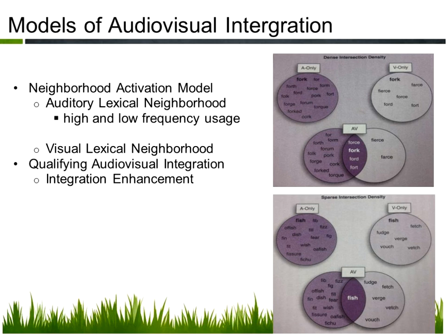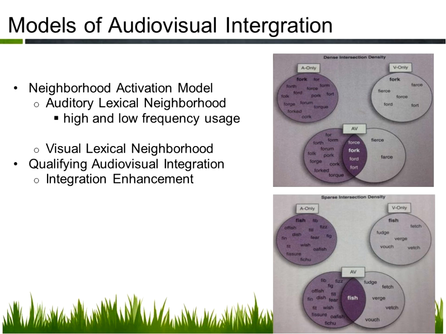So we've done, again, a lot of research that says when we try to put together auditory signals and visual signals and integrate them, we look for the words that belong to both neighborhoods. So here's a dense neighborhood right up here at the top of this slide.